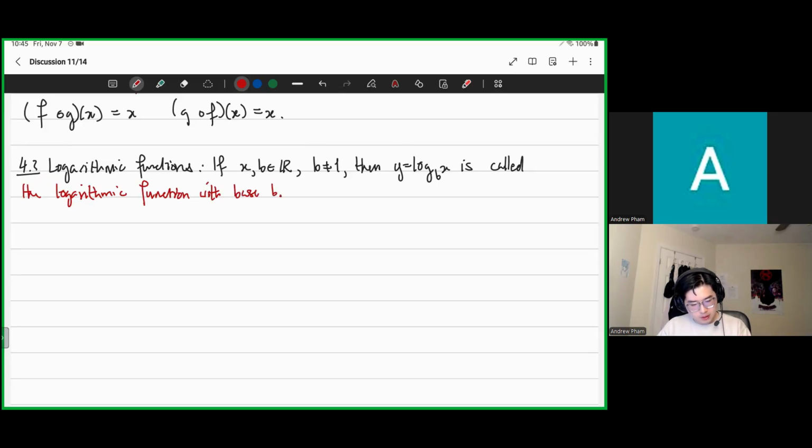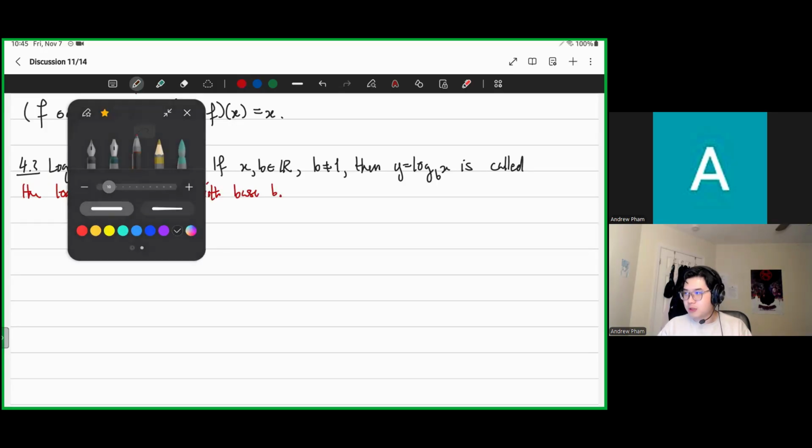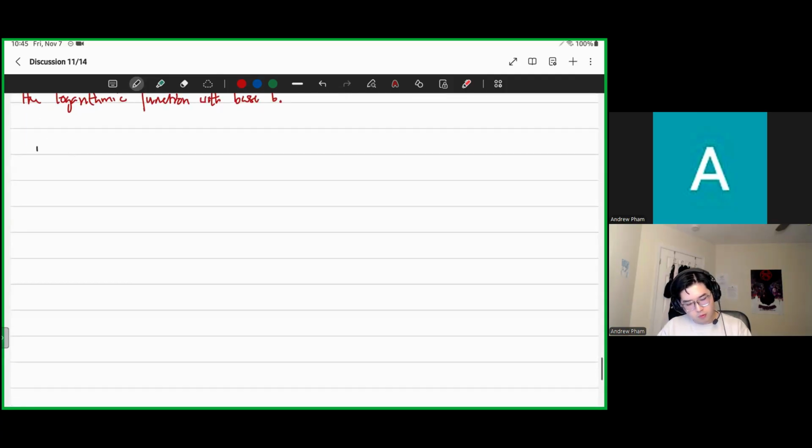And the following property holds: y equals log b of x is the same thing as b to the y equals x.